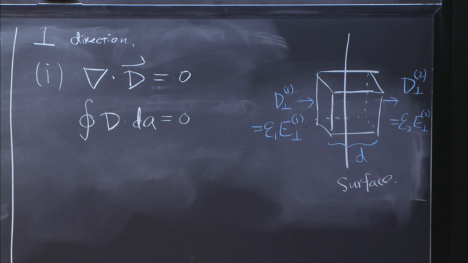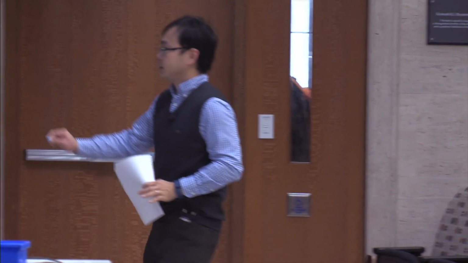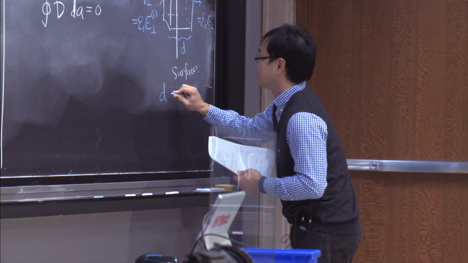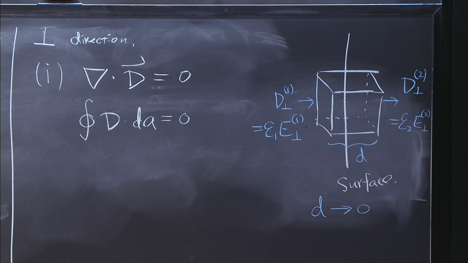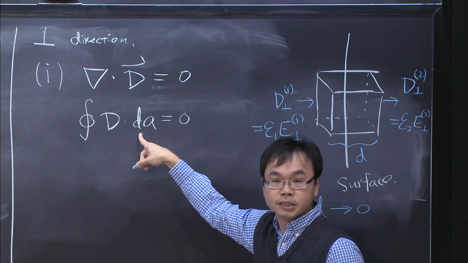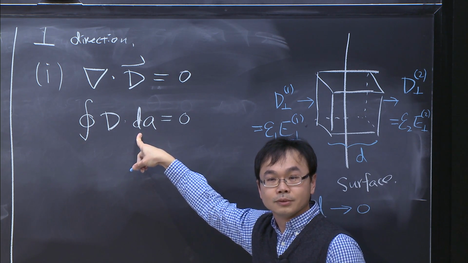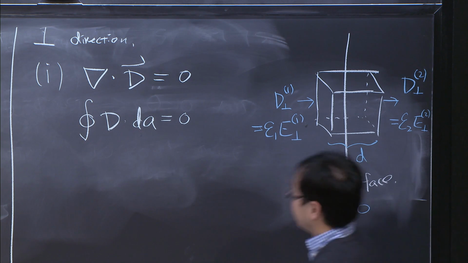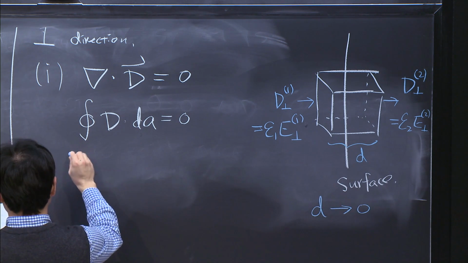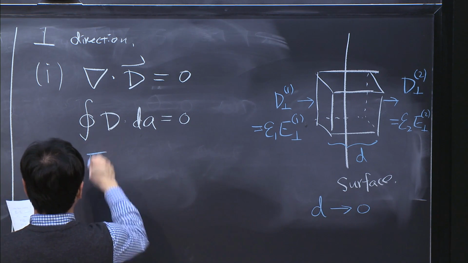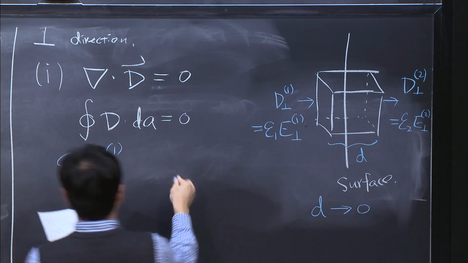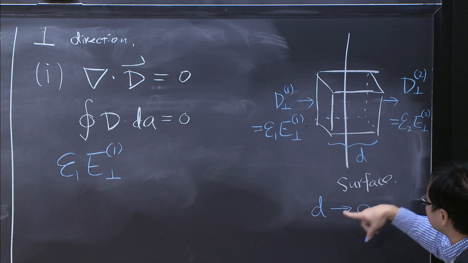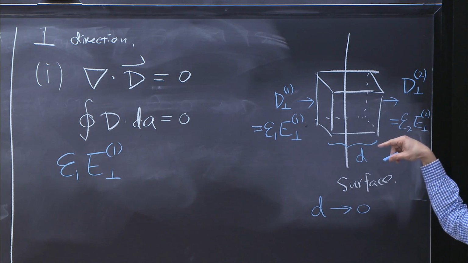What I can do now is shrink the size of the pillbox, having d go to 0. It becomes smaller, smaller, and smaller. When d goes to 0, the contribution from the side goes to 0.